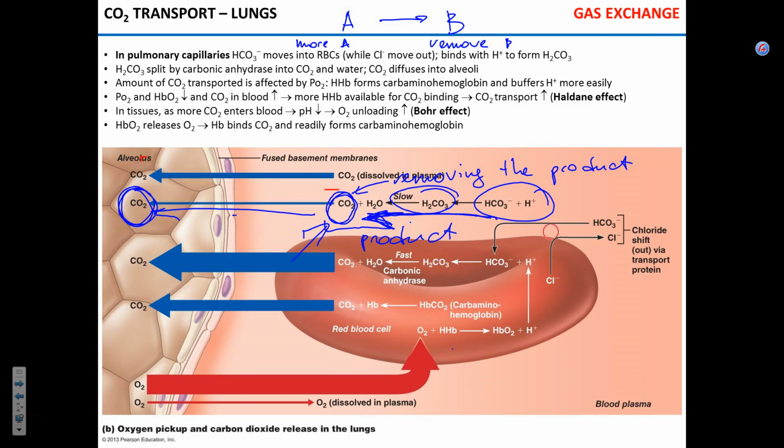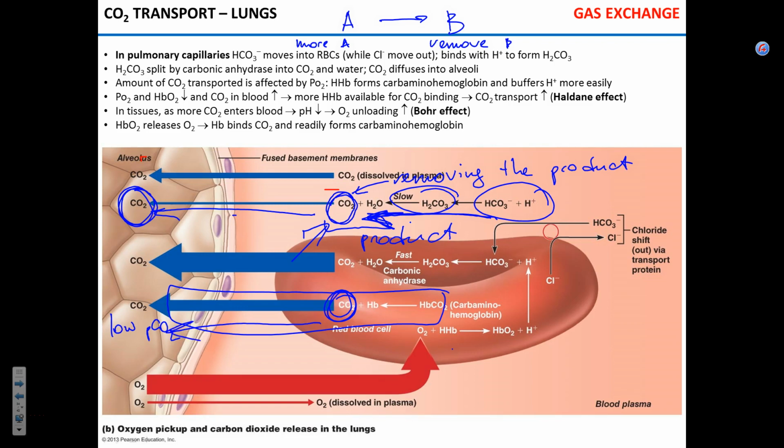Now, look what happens in the red blood cell with carbaminohemoglobin. The story is practically the same as with dissolved CO2. The concentration, the pressure of CO2 in the alveolus is low. So this carbon dioxide here constantly diffuses into the alveolus.